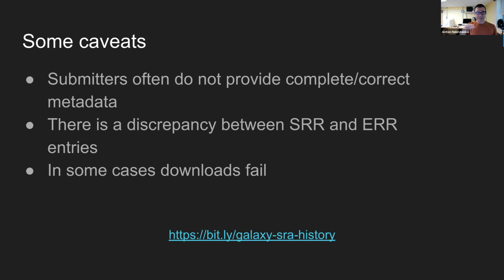Sometimes, especially for SARS-CoV-2 data, because it's released essentially on a daily basis, they're not always in sync. So for example, if you're trying to pull ERR, European accessions from SRA from here, sometimes that does not work. So there's some discrepancy here.